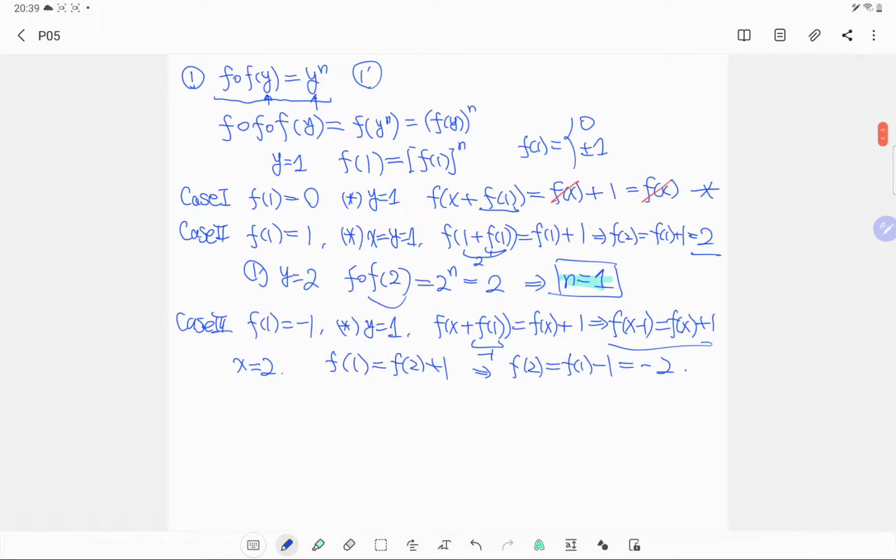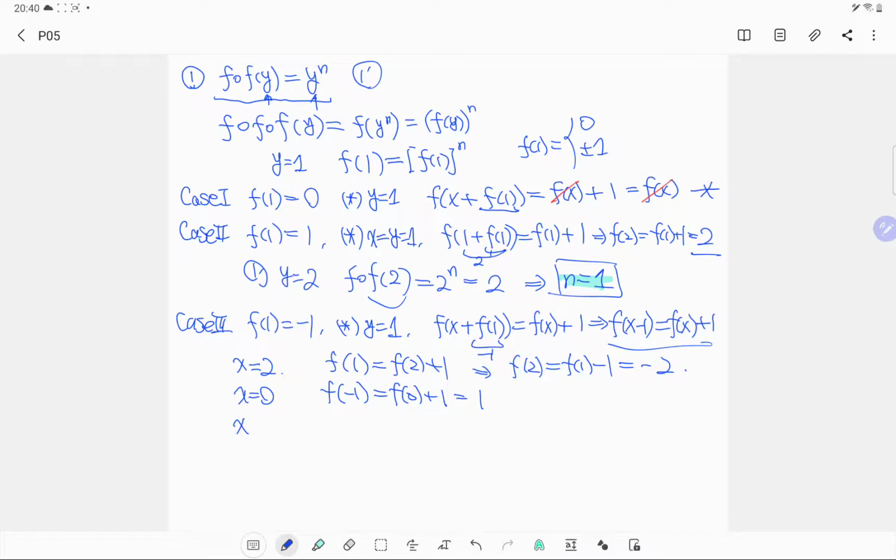And then we can plug in x equals 0. So we have f of 0 minus 1, which is minus 1, equals f of 0 plus 1, which is 1.